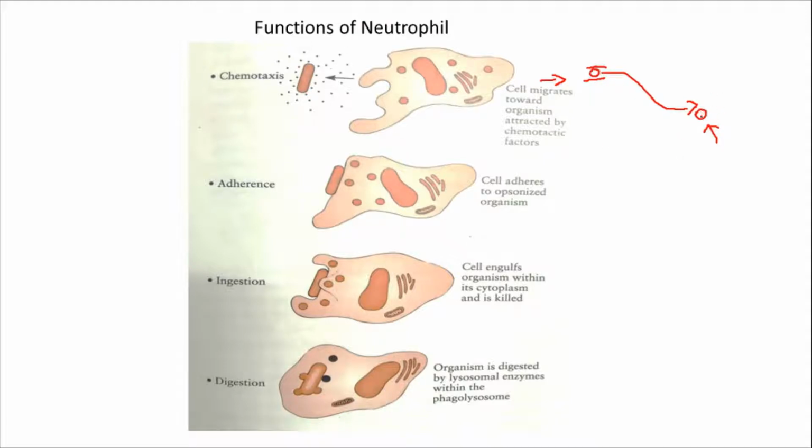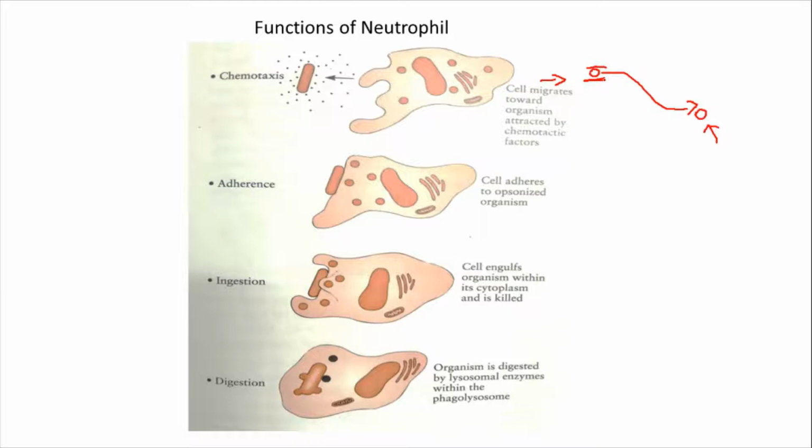The antigen may be encountered at the tissue, the cell. Upon entry of the antigen, the surrounding blood vessels containing endothelial cells express some proteins.